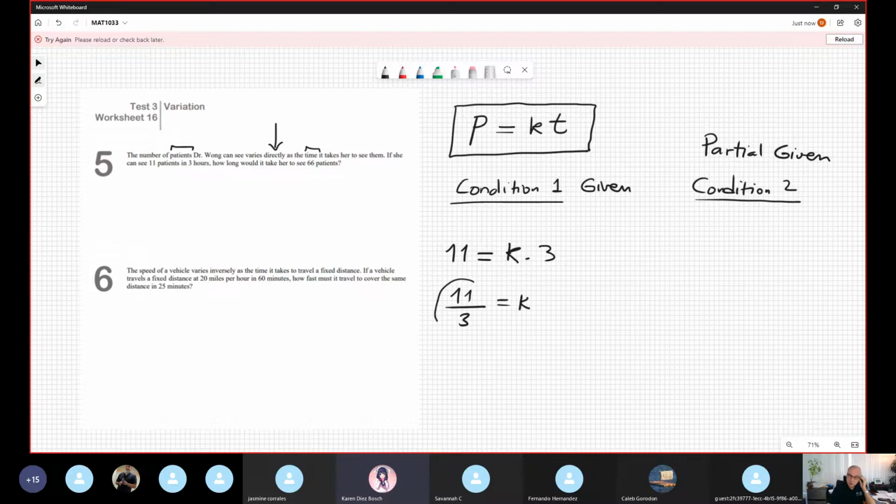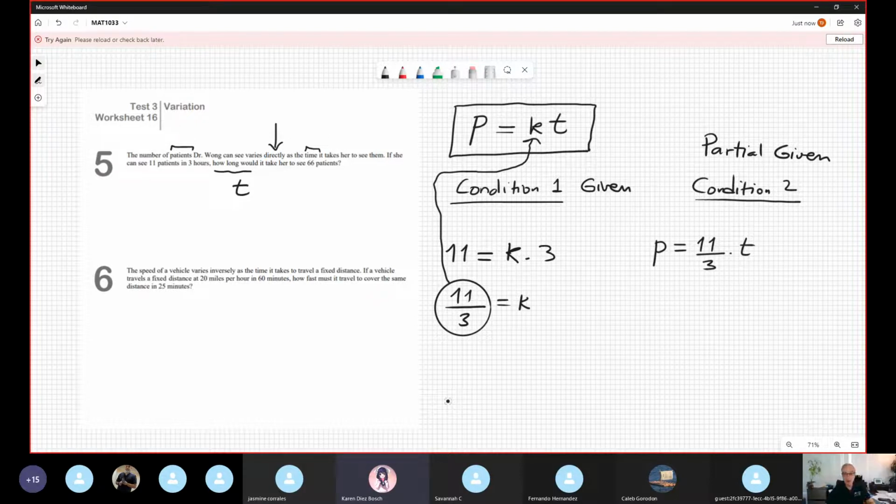And use substitution in this formula. K, according to condition 1, is 11/3. Therefore, P is equal to 11/3 multiplied by time. Then in the second condition, how long do they want to know the time spent by Dr. Wong to take her 66 patients.